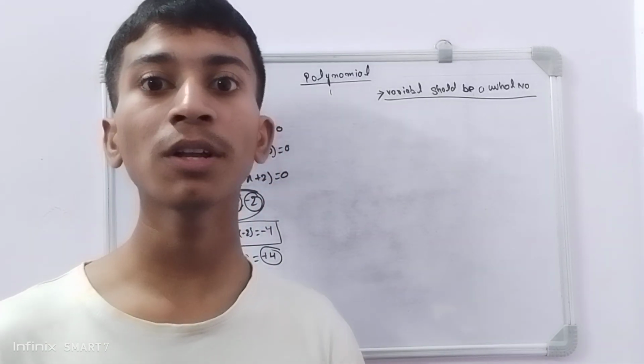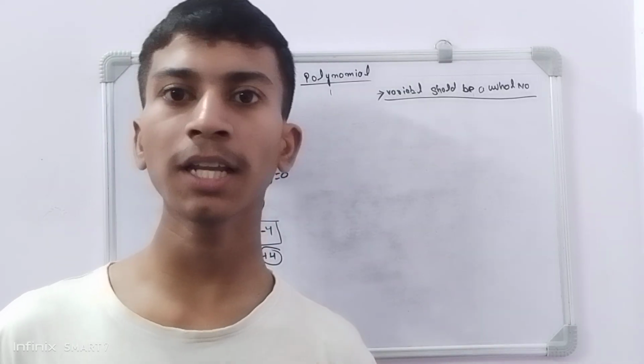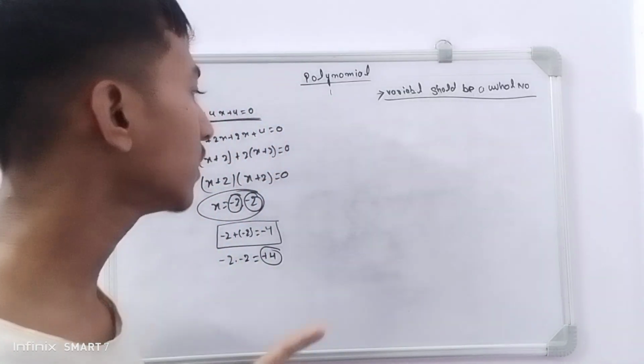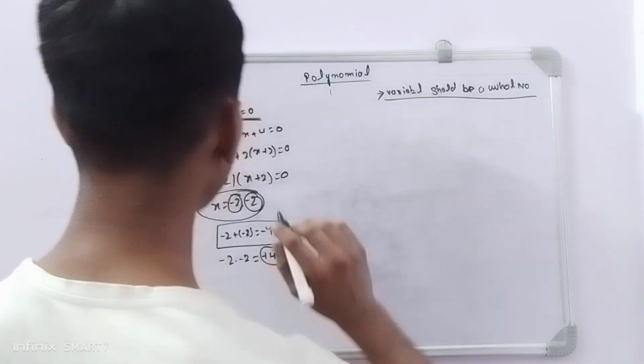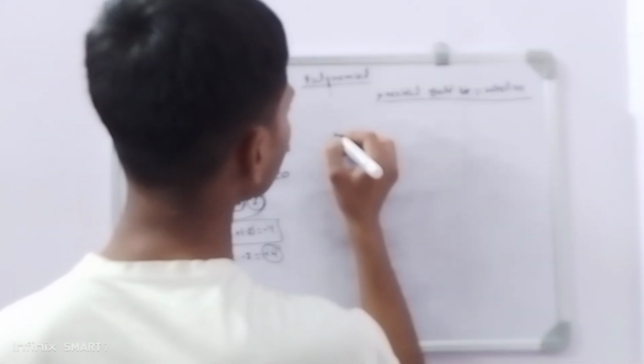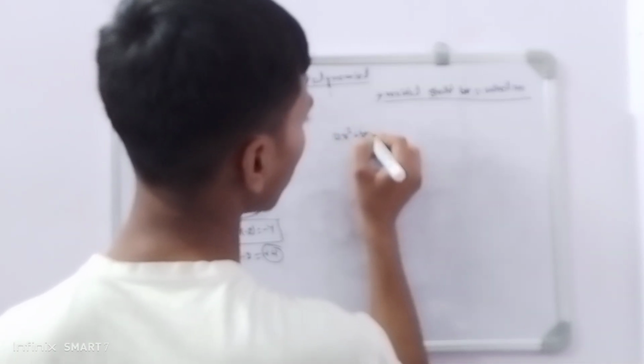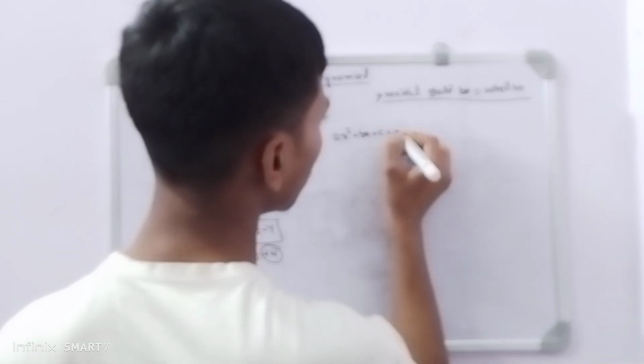But now in class 10, you have a formula for finding the sum of zeros and product of zeros without going through middle term splitting or solving the quadratic equation. For this I am going to teach you the general form of a quadratic equation: x square plus bx plus c is equal to 0.